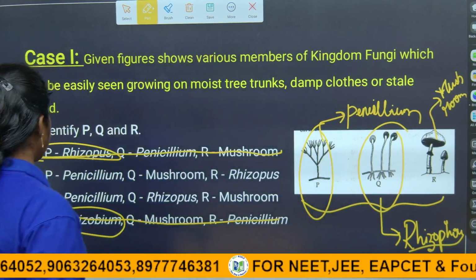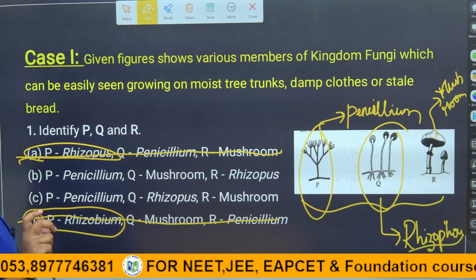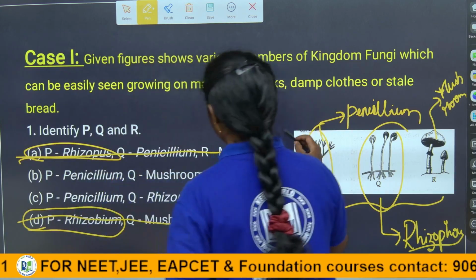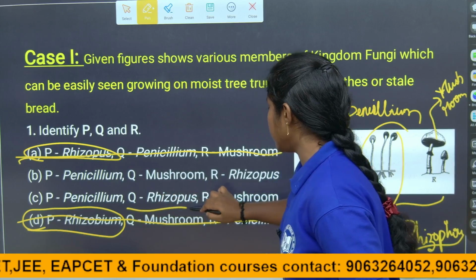Now P is penicillium, so B and C are considered correct according to P. Q is rhizopus.